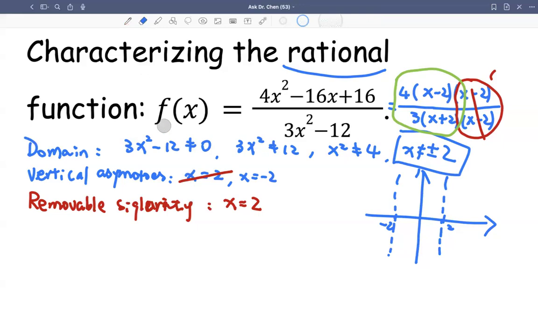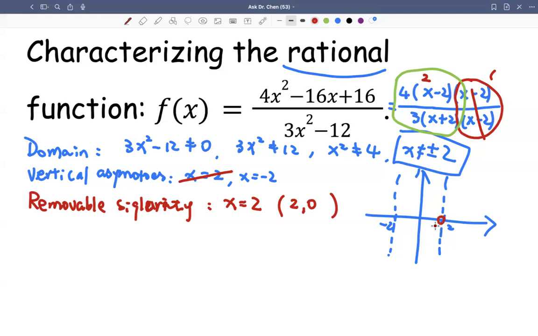So let's see, where is the circle? Okay, when x equals 2, we just plug into here: 2 minus 2 equals 0. So that means at (2, 0), we will have a circle. So right here, we will have a circle.